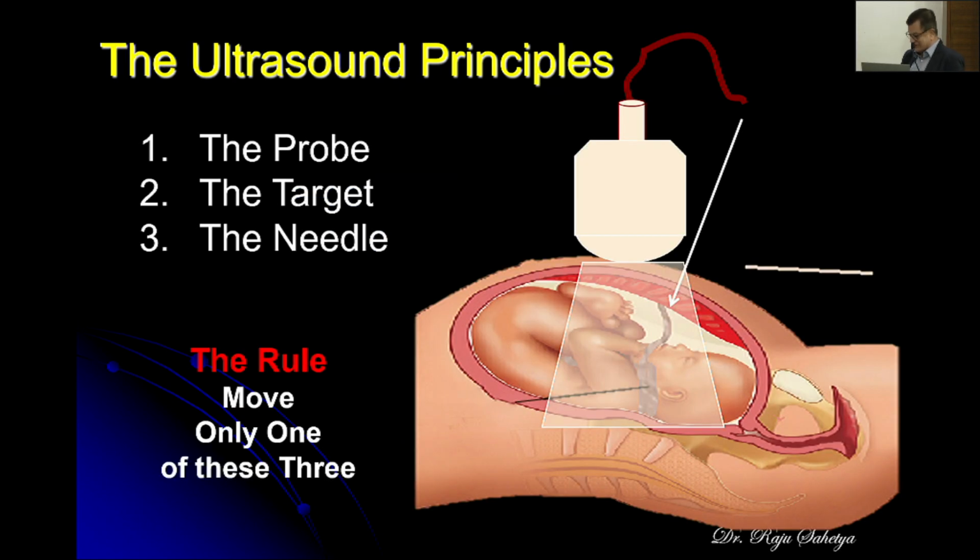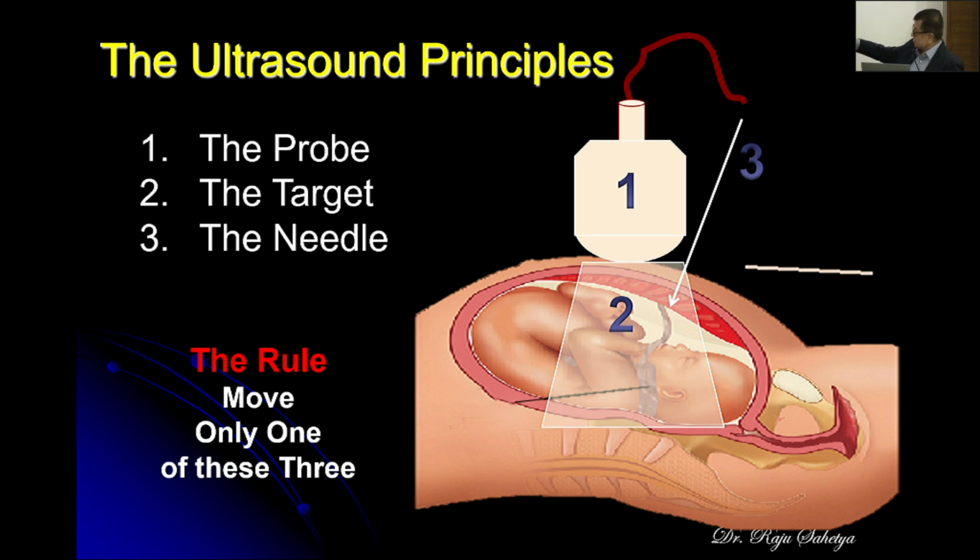So principles are now coming up here. So it's a rule of 3. The probe, the target. This is what you will see there also in the workshop. And then finally, the needle.